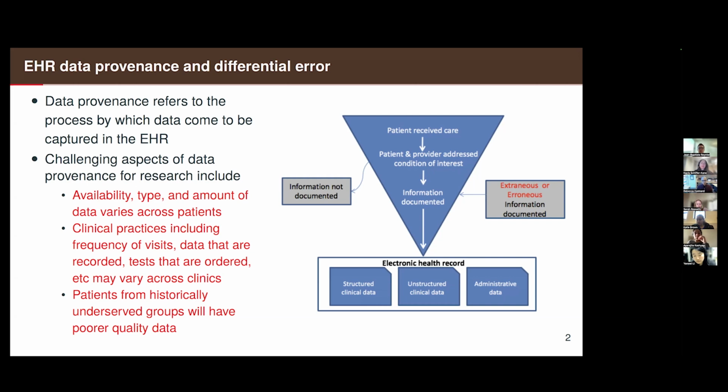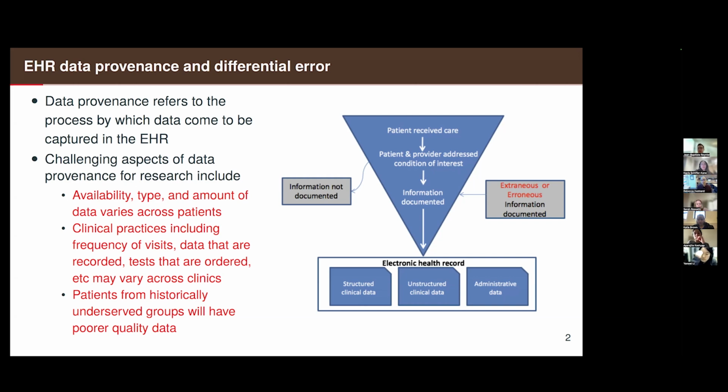In addition to selection bias, once the patient's in receiving treatment and in the healthcare system, the patient and provider have to address the condition or conditions that are of relevance to our research. So we know that not all patients receive the same kind of care. There are all sorts of reasons that different patients receive different tests and procedures and medications.